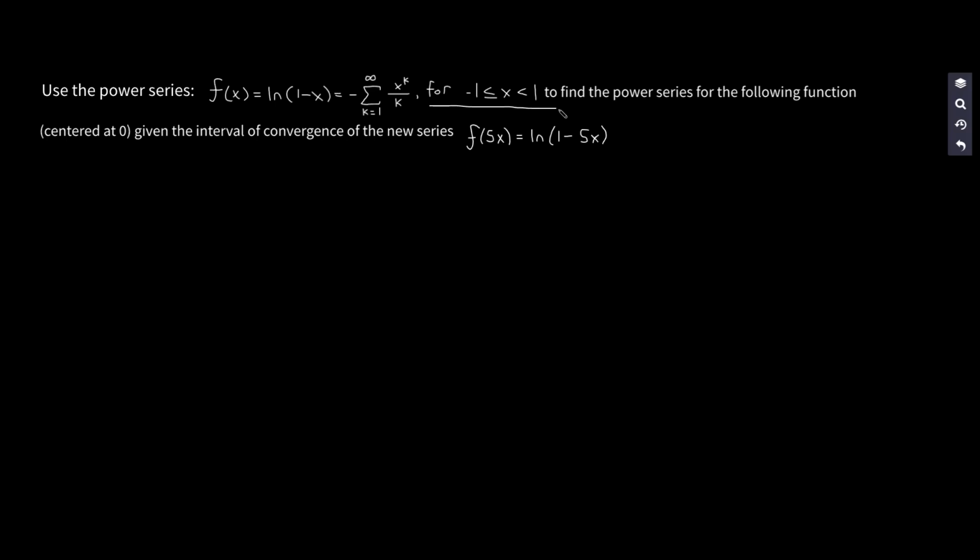The problem is asking us to make a slightly different version of the directions. It's asking us to substitute. Mathematically speaking, we're going to substitute 5 times x in the spot where x was. So let's write out the summation.